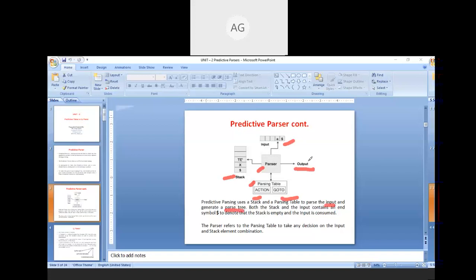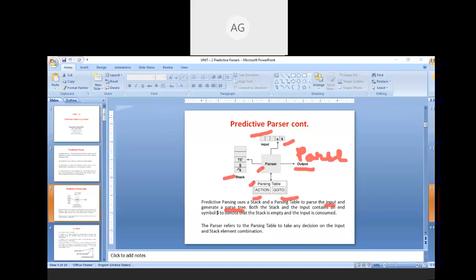So the output is the parse tree. But in order to generate the parse tree, you need the stack, the input tape, and the parsing table as well. Both the stack and the input contain an end symbol, dollar.